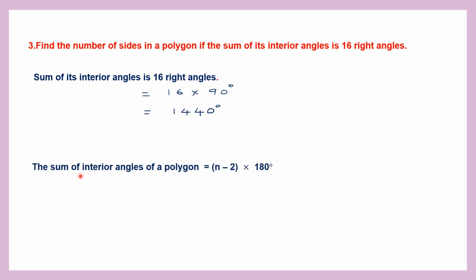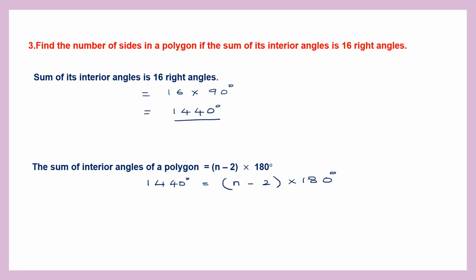So now that we know the sum of the interior angles of the polygon, let's write that. That is 1440 degrees. Now we can apply this formula, n minus 2. And what does n stand for? It stands for the number of sides. Now (n minus 2) into 180.